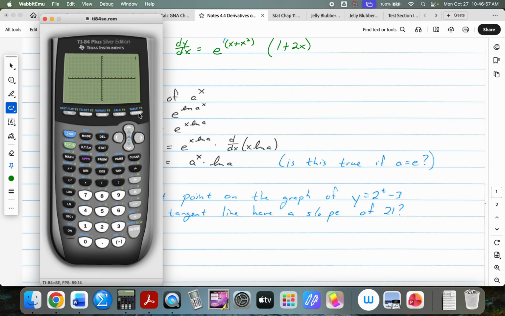And graph that. So here's the graph of y equals 4 to the x. And here's the graph of its derivative. And it looks like they're the same.